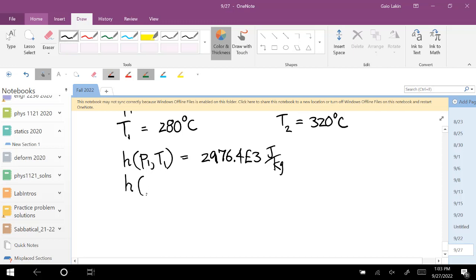And then look it up for pressure 1, temperature 2. And that's 3069.5 times 10 to the third. And then look it up for P2, temperature 1.